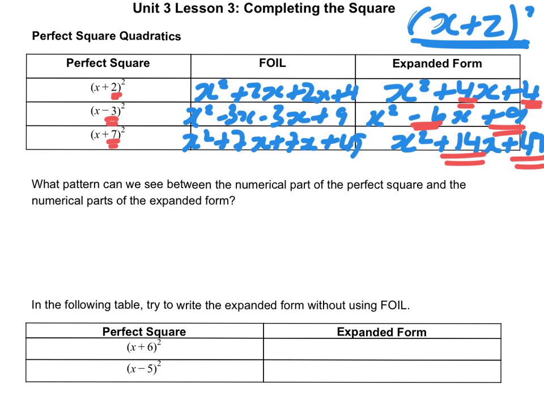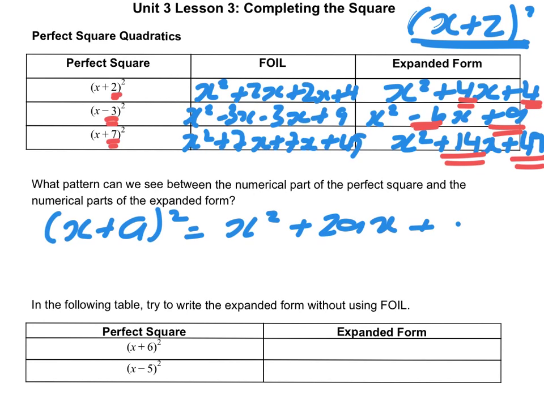So the rule is, when you expand out x plus a squared, it gives you x squared plus 2ax plus a squared. So the number of x's is double a, and the number at the end is a squared.